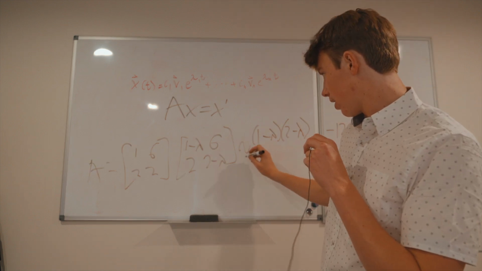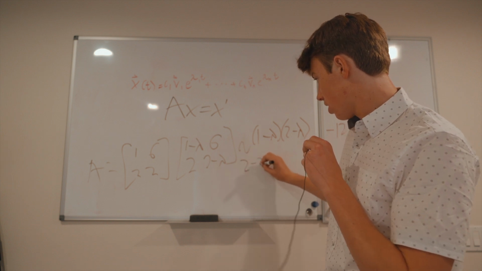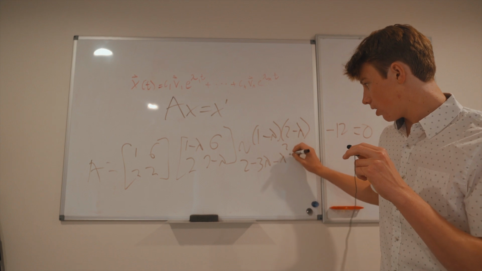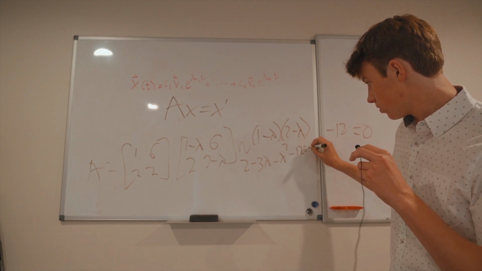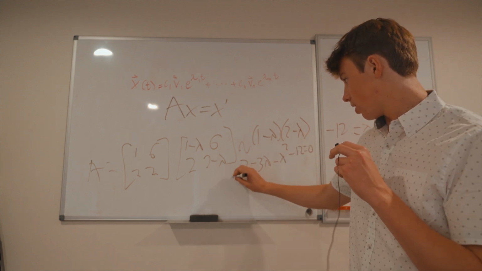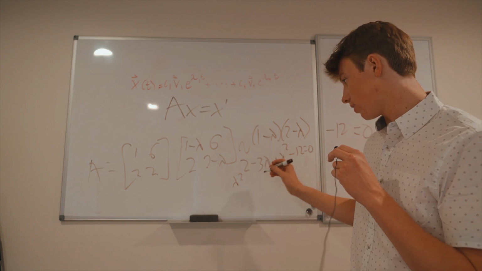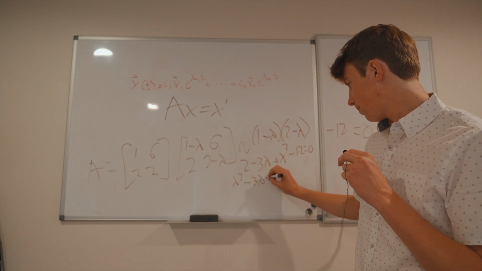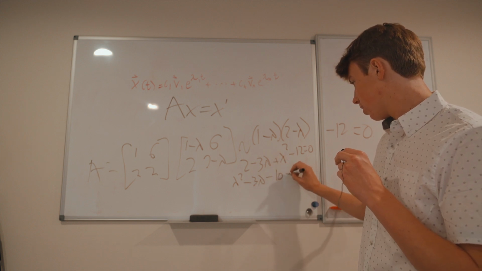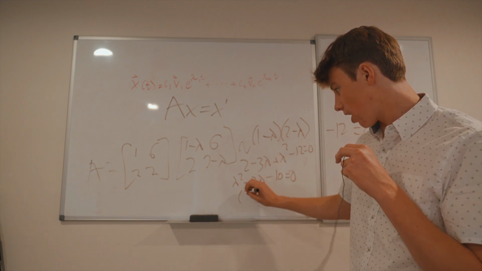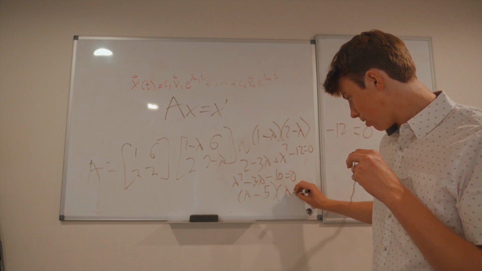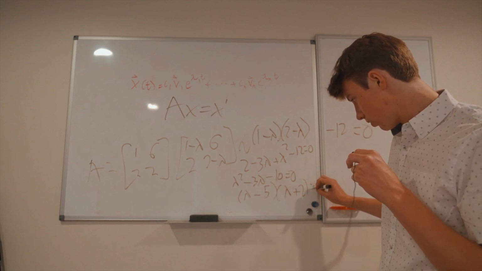So from here, we have 2 minus 3 lambda plus lambda squared minus 12 equals 0, which gives us lambda squared minus 3 lambda minus 10 equals 0, which gives us lambda minus 5 times lambda plus 2 equals 0.